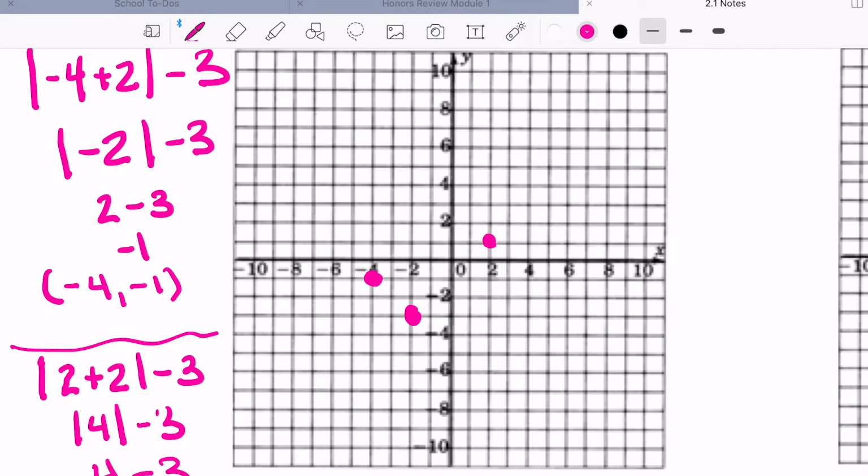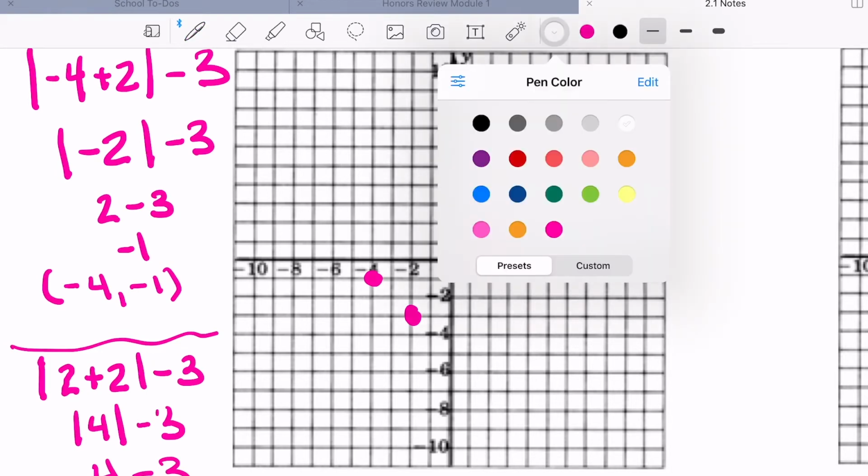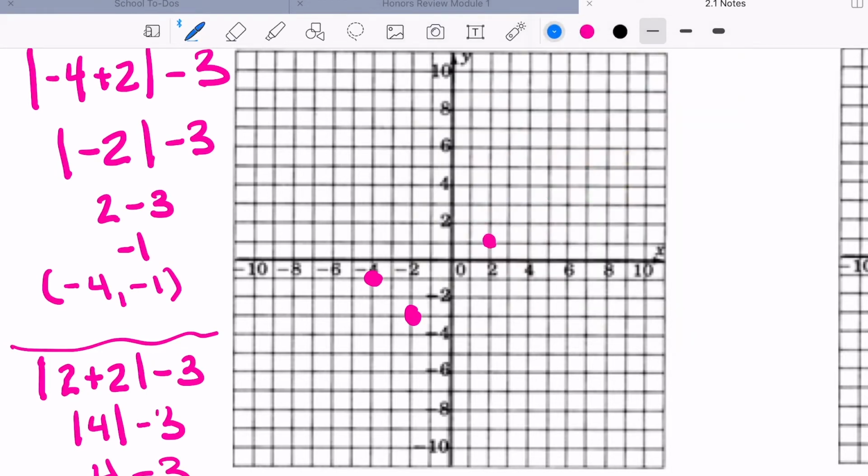Now, if you remember, absolute value functions have symmetry over your vertex. Your vertex is always that point of symmetry. So if I were to draw a straight line down through the vertex, we would know that the left side would fold over onto the right side. So here's what we can do. We can use the points we've already found and create additional points. How do we do that?